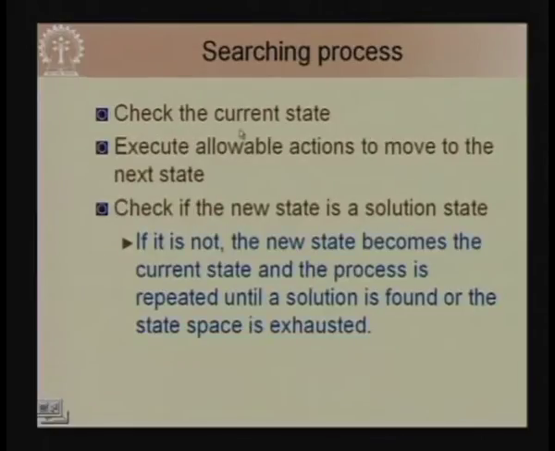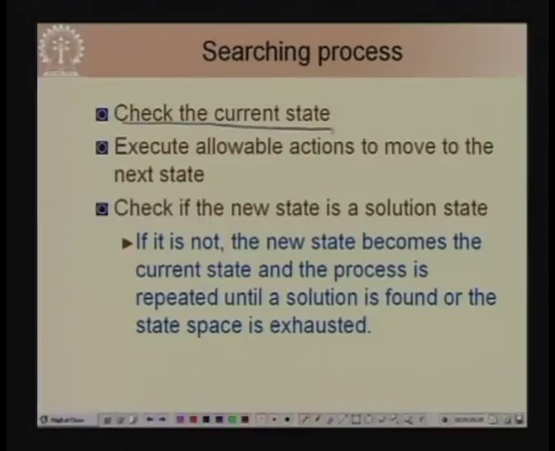The searching process is grossly the following. The agent checks the current state and it can execute allowable actions to move to the next state. Suppose this is the current state, state A, and from this state there are 2 possible operators. Operation A takes the agent to the state X and operation B takes the agent to the state Z. So, A and B are the executable operators in state A. Now, the agent is at A and it takes one of the executable operators.